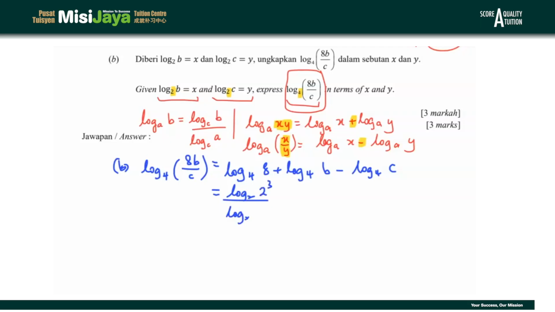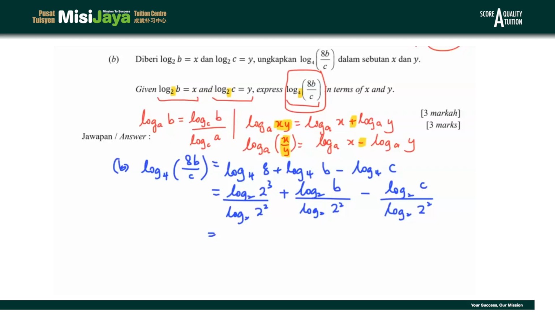So 8 is 2 power 3, and the bottom 4 is 2 power 2. Then plus this one also change to log base 2 of b over log base 2 of 4, and 4 is 2 squared, and minus log base 2 of c over log base 2 of 2 squared. So equals.